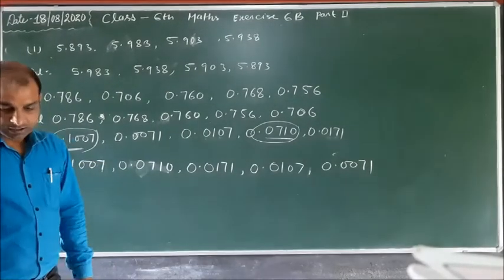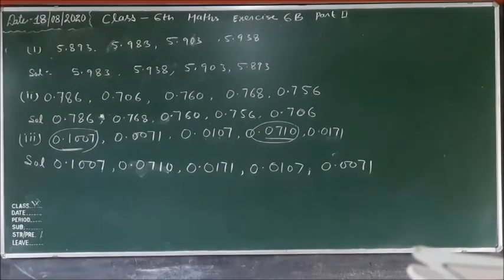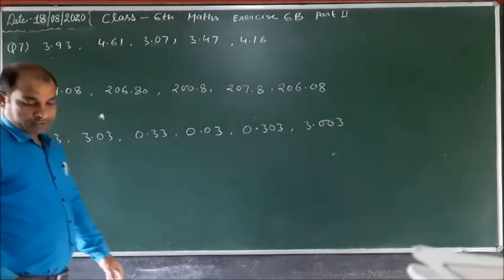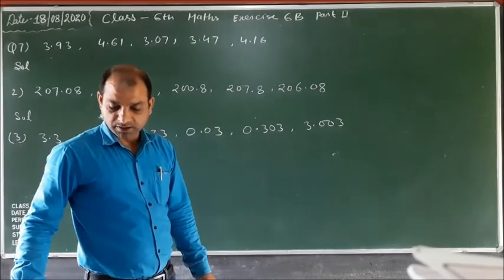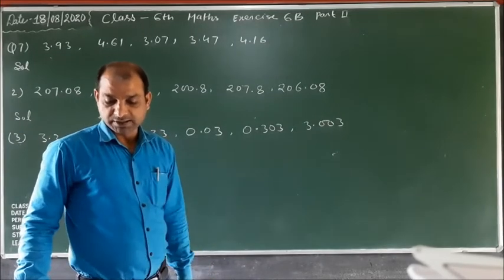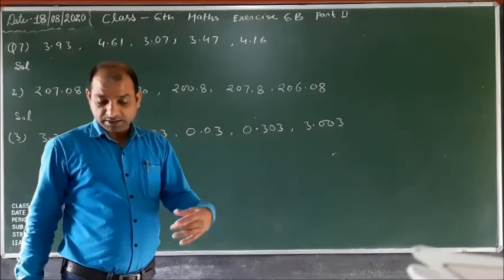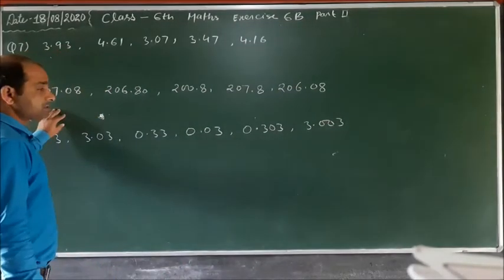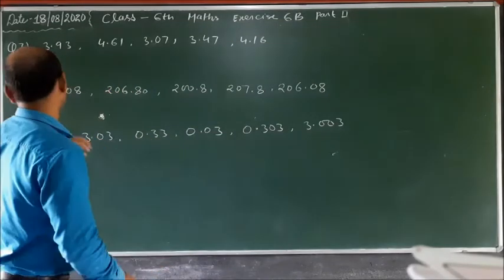Now the last question number is 7. Dear children, question number 7 is: rearrange the decimal numbers in order, starting with smallest. In question number 6, we started with the greatest number, and here we start with the smallest number.